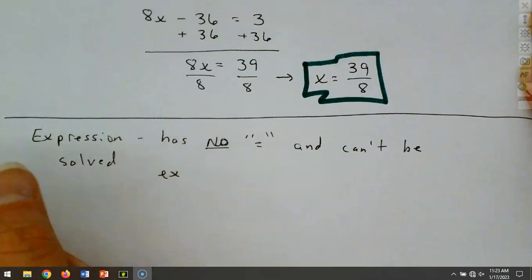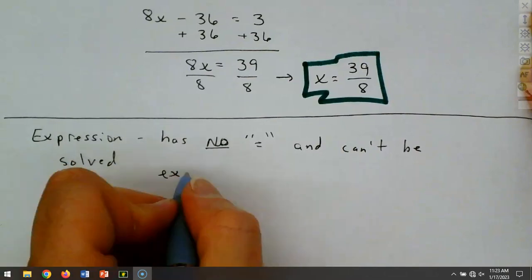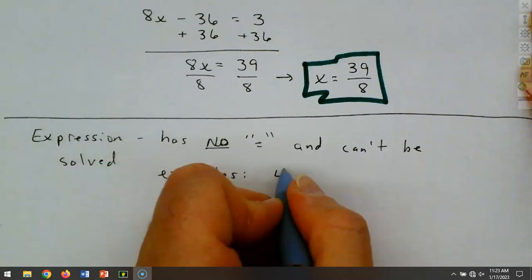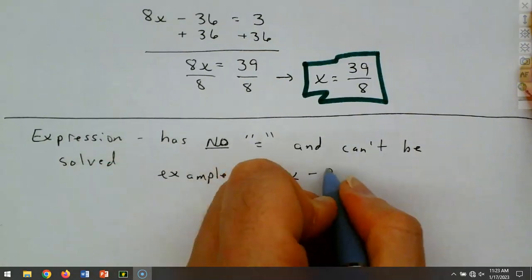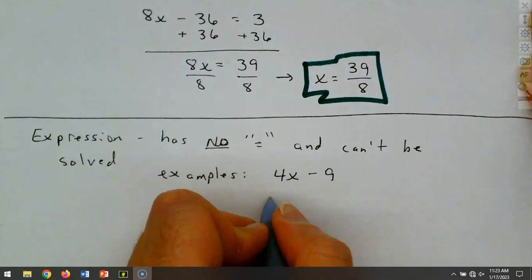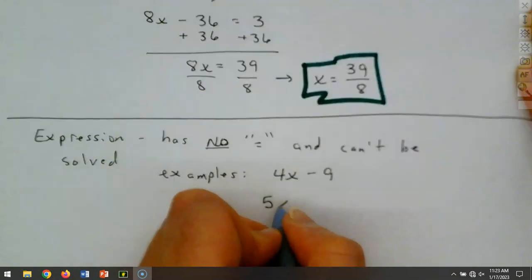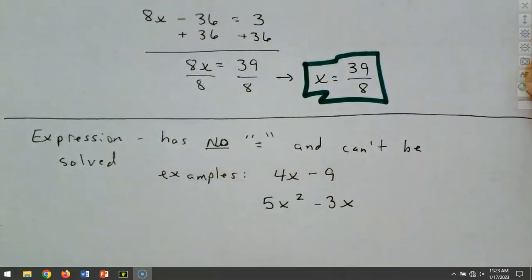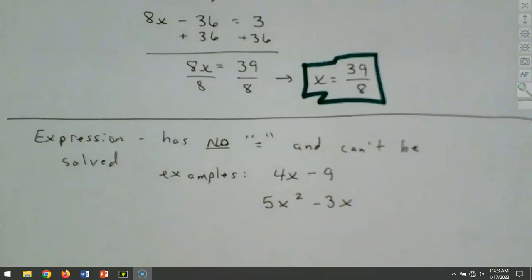Here's some examples of expressions. (4x minus 9). 5x squared minus 3x. Okay. Those are expressions. Now, we cannot solve these. Why not? We cannot solve them because they don't have an equal sign.